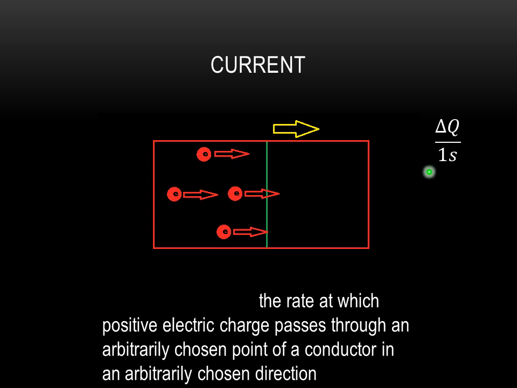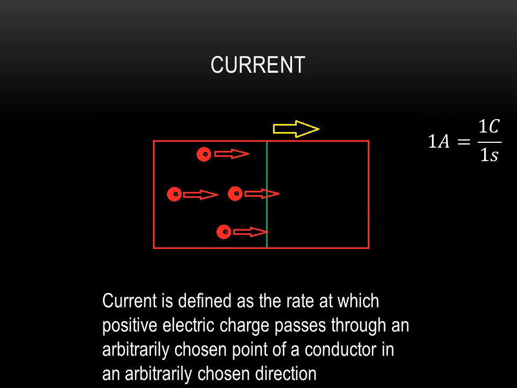Let's say that amount of time is 1 second. Furthermore, let's say the amount of charge is 1 coulomb. So, we have 1 coulomb worth of charge passing through this point in 1 second. That would be 1 ampere. So 1 ampere is the equivalent of 1 coulomb of charge passing through a point in 1 second.